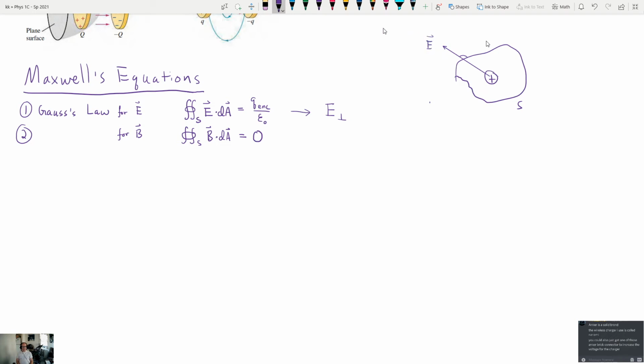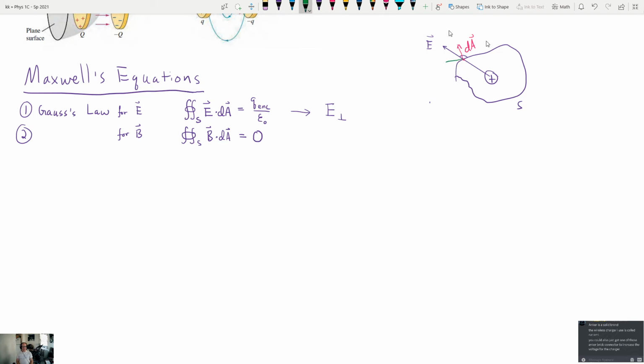So if this is the electric field vector, and I come along to my surface right here and I draw my dA vector, it would go this way. So since you have to do E dot dA, you lose all your information about the direction of the electric field that's not perpendicular. Does that make any sense?